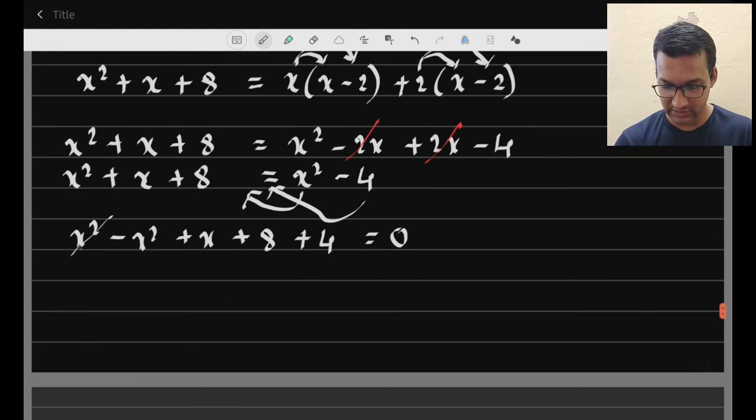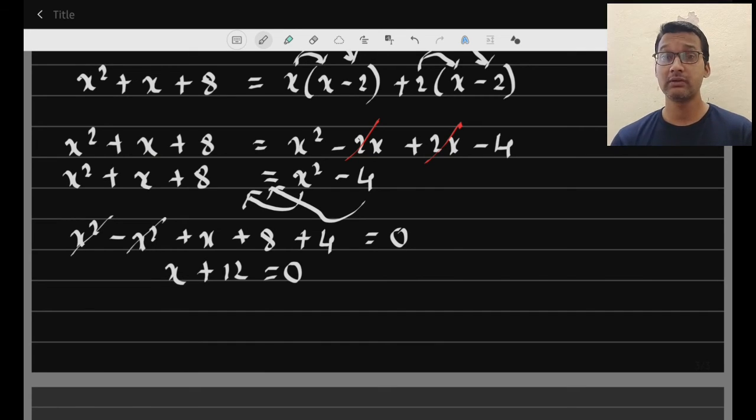Now you can see this x square will cancel, we will get x plus 12 is equal to 0. Now you can see that the highest power is not 2, the highest power is 1. So this is not a quadratic equation.